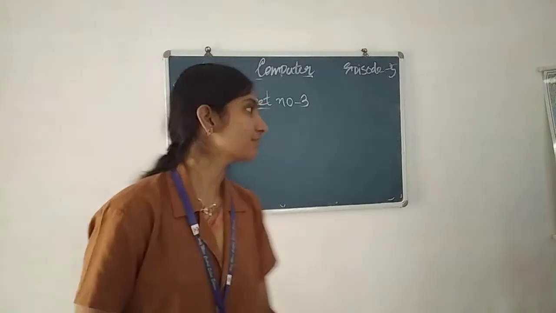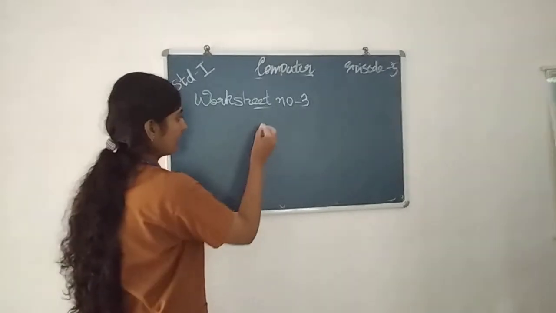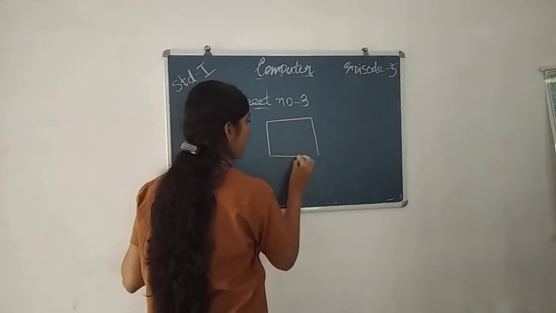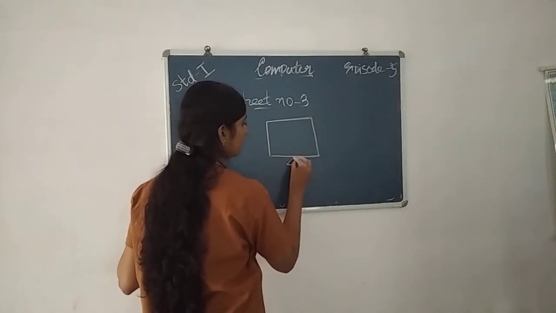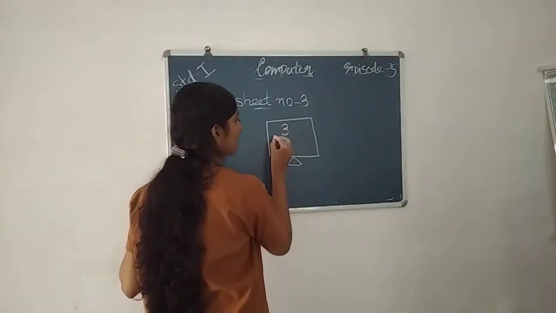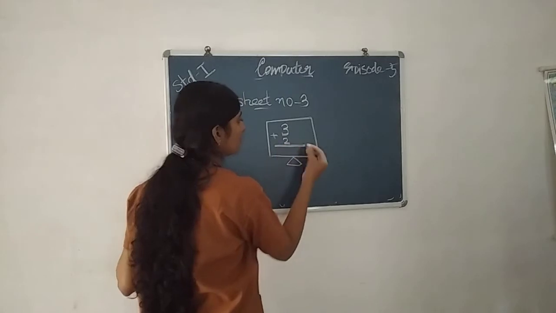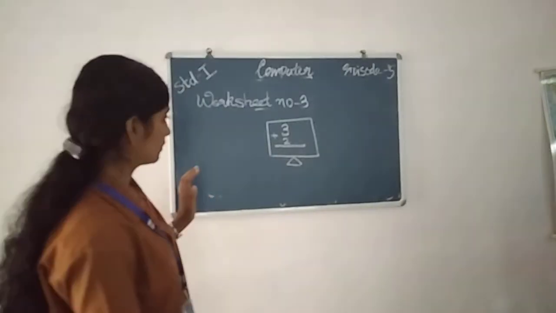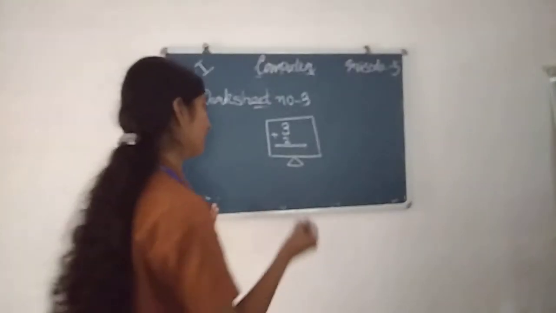For example, this is the computer. The first question, 3 plus 2. What is 3 plus 2? 3 plus 2, 5.